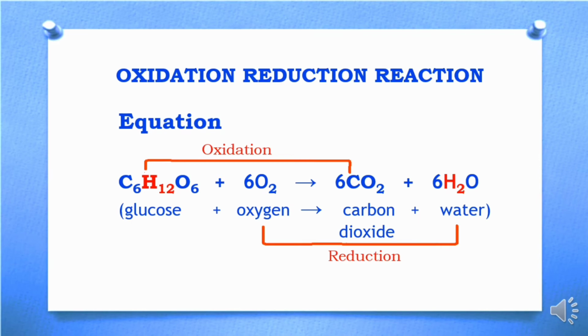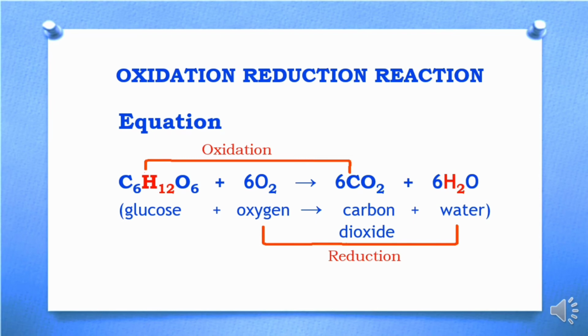They are also lost and gained by some molecule in one reaction. These reactions are taking place simultaneously, and these are also known as the redox reactions. Red is taken from reduction and ox is taken from oxidation. And in living organisms, all reactions which are taking place are redox reactions.